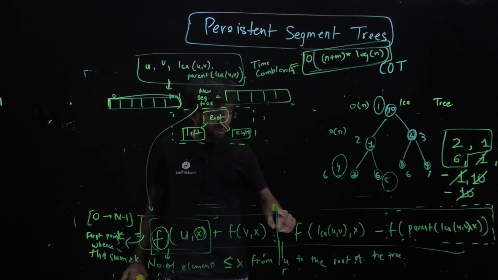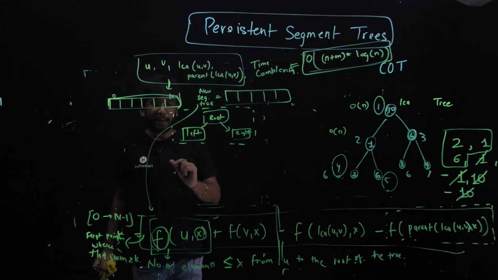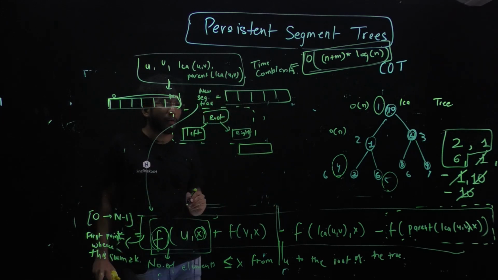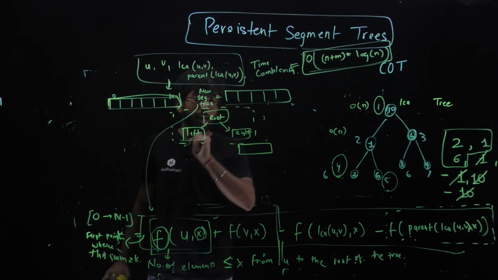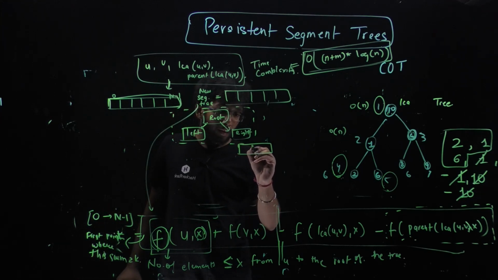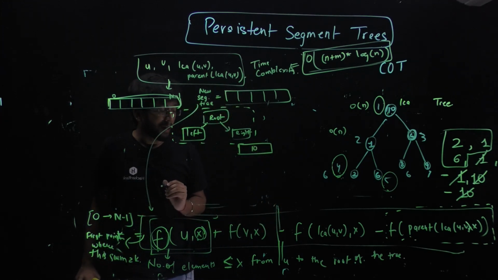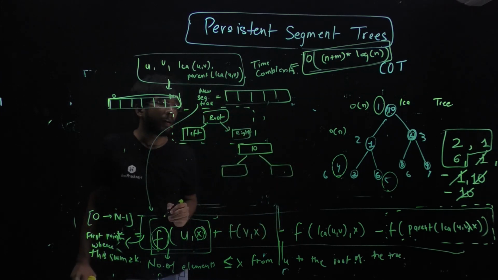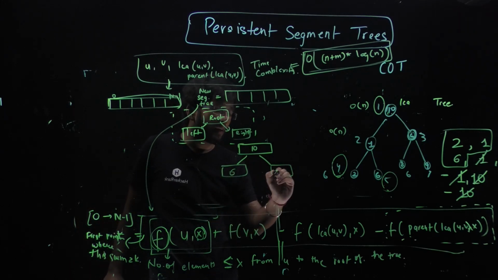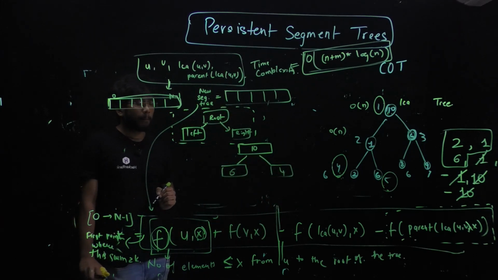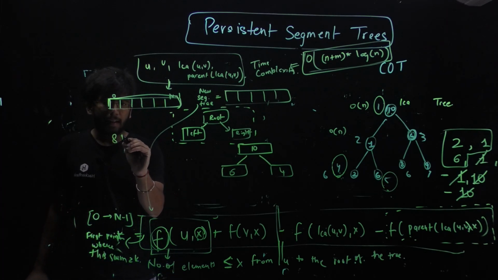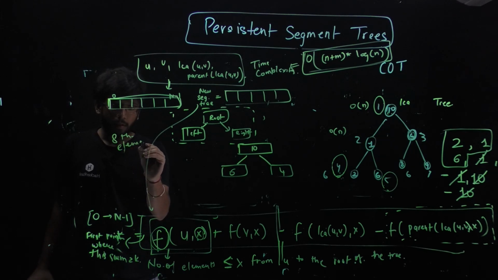So now if I need to find the kth element, if I know that in the new segment tree I have 10 elements in total, wherein 6 elements lie over here and 4 elements lie over here, and I need to find out the 8th element, so in my case k is equal to 8.